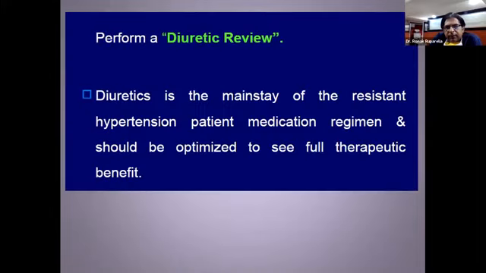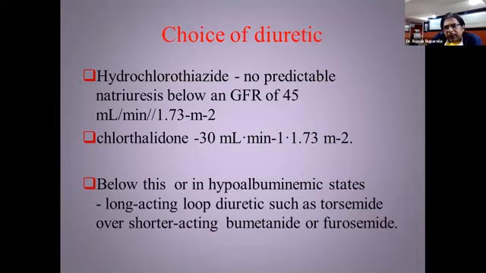The choice of diuretic is very important. Hydrochlorothiazide has no predictable natriuresis below a GFR of 45, whereas chlorthalidone acts up to 30 ml per minute per 1.73 meter square. So chlorthalidone is better than hydrochlorothiazide in patients with low GFR.